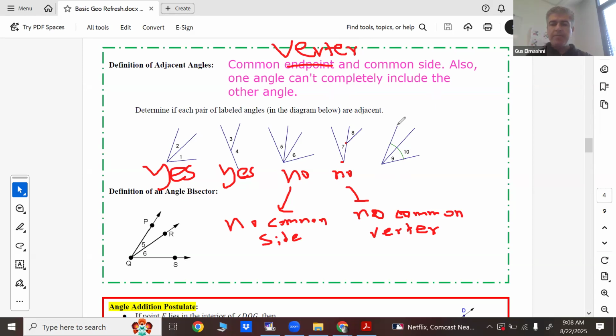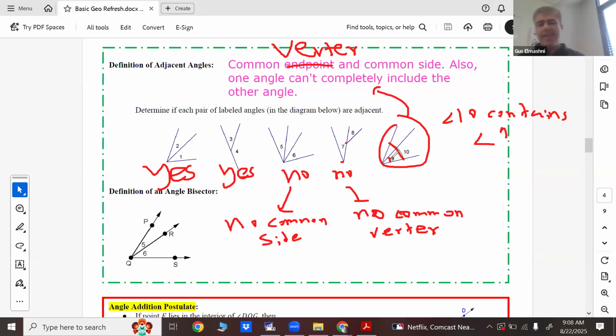And then this one is like this. Angle 10 contains angle 9. See how 10 is this whole thing here, but 9 is just a little part of it. That doesn't count. Even though they do share this side right here, and they do share an endpoint, you can't completely contain it.